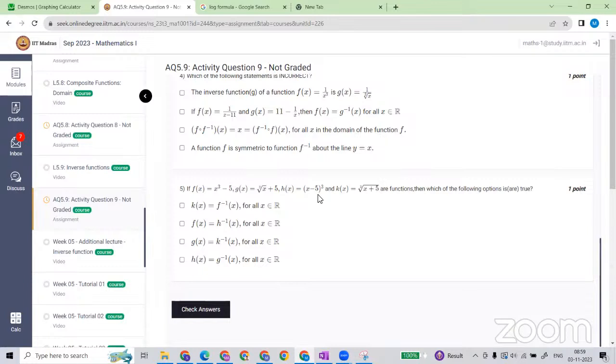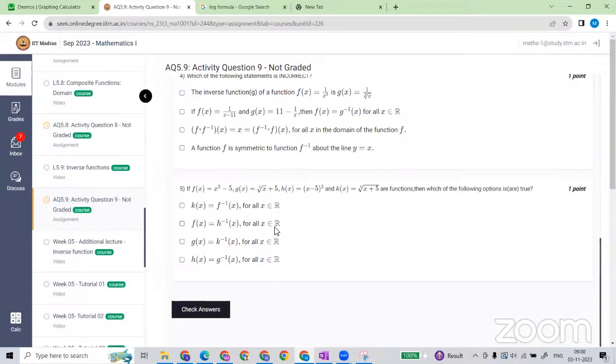No, it says k(x) is the inverse of f, f is the inverse of h. So you have to find the inverse, then see which option is going to be true. The options say k is the inverse of f, or f is the inverse of h, or g is the inverse of k. That is the meaning of the options, right? If you are not getting the meaning of the option itself, how will you find the inverse?